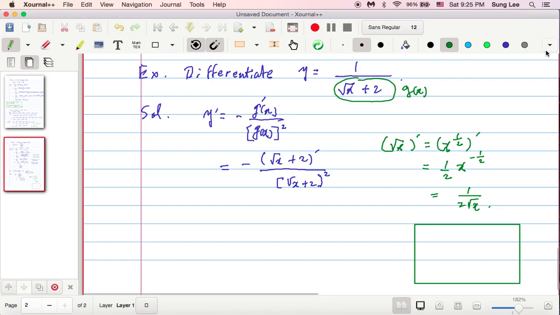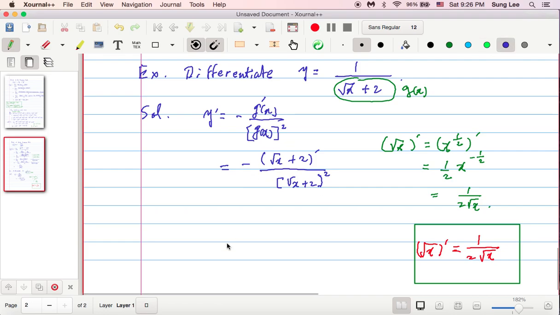Square root of x prime, to emphasize, I'm writing in red, is 1 over 2 times the square root of x. So you better remember this.